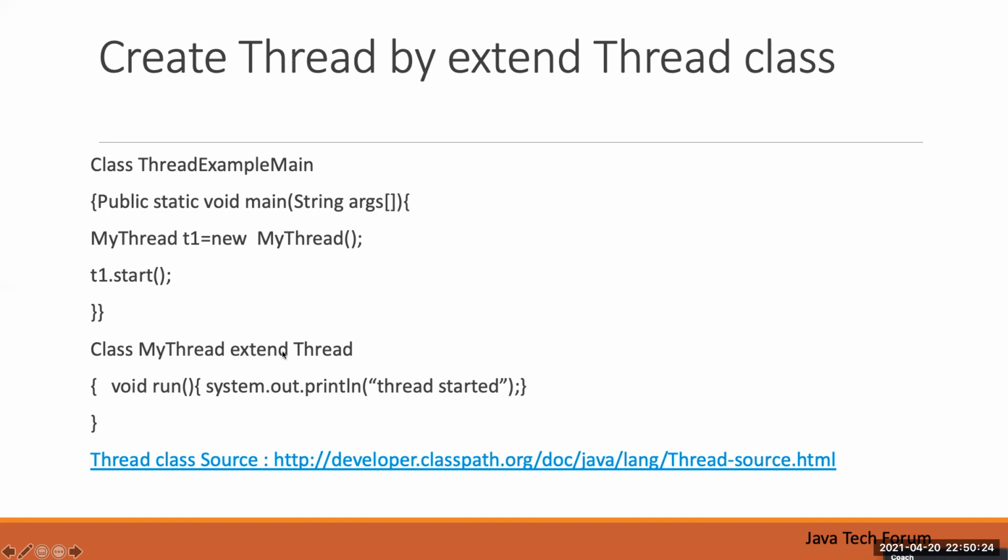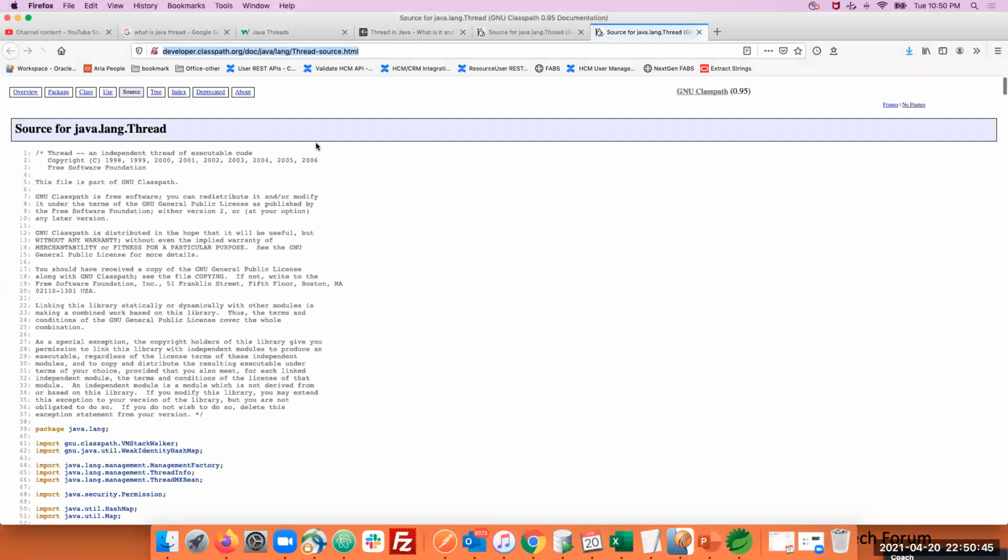We are extending the Thread class, which means we are using all the basic methods from the Thread class. We'll see what methods and constructors are available to create a thread. I have added the link.